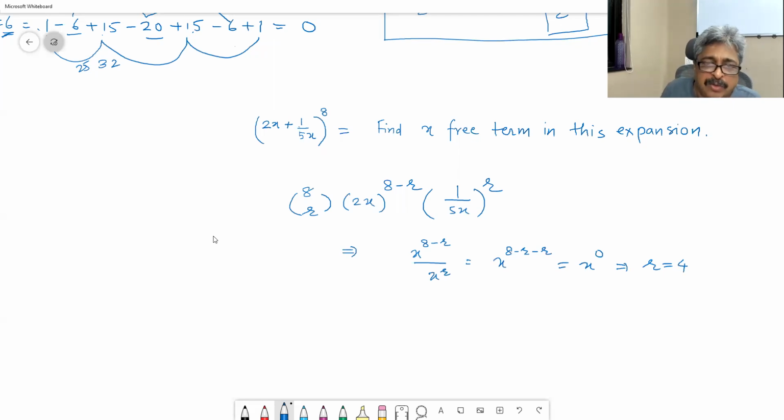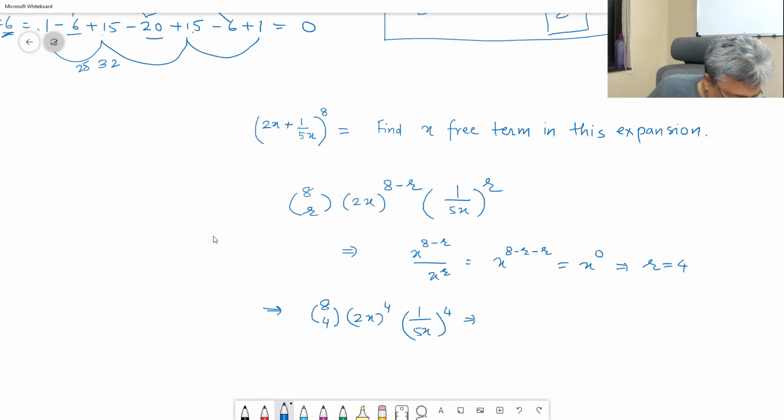The moment we get r equal to 4, which you must have done orally also, we get the term with r equal to 4: 8 choose 4, 2x raised to 4 and 1 upon 5x raised to 4. 8 choose 4 is 70, right? 70 into 2 raised to 4 upon 5 raised to 4.